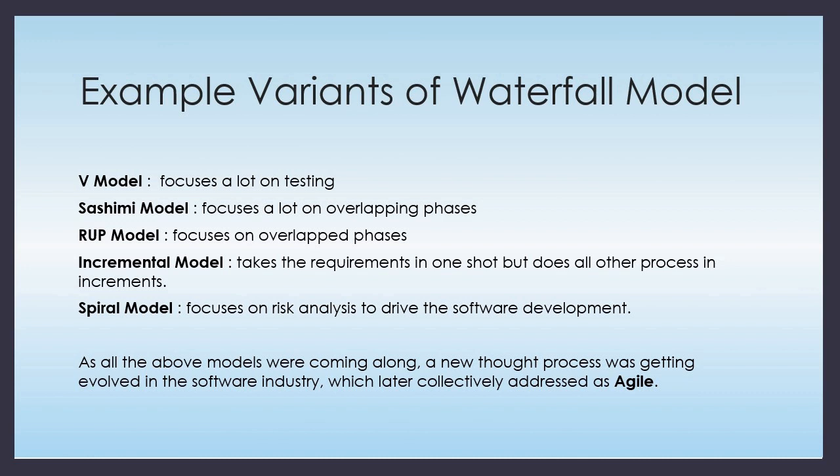There are two other models, the V and RUP models, which focus a lot on overlapping phases. There is an incremental model, which takes the requirement in one shot but does all the other processes in increments. The last example we have is the spiral model, which focuses on risk analysis to drive the software development.